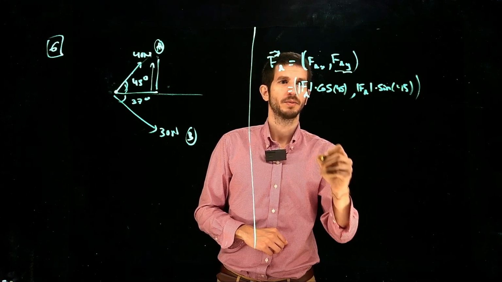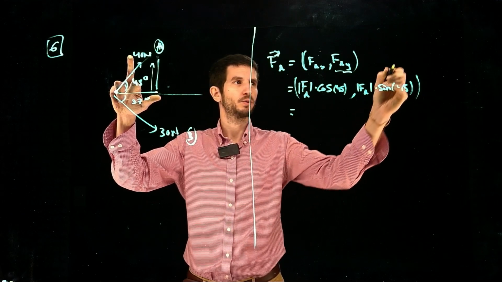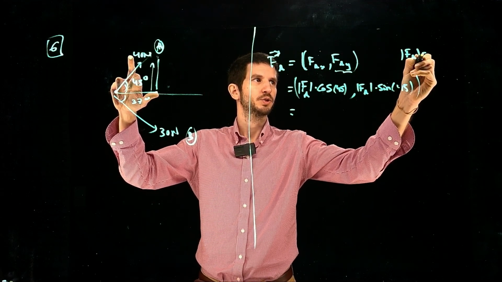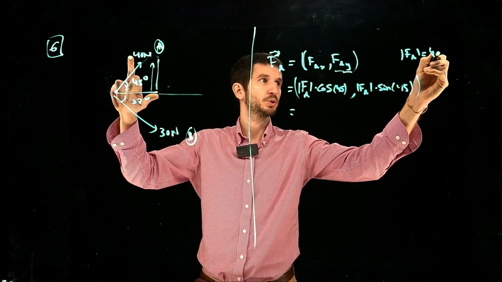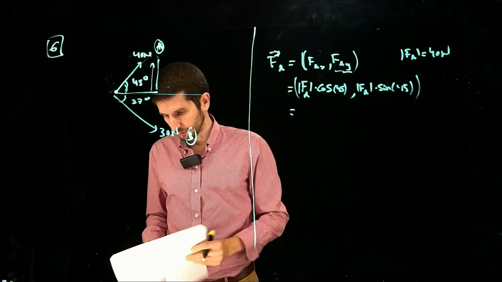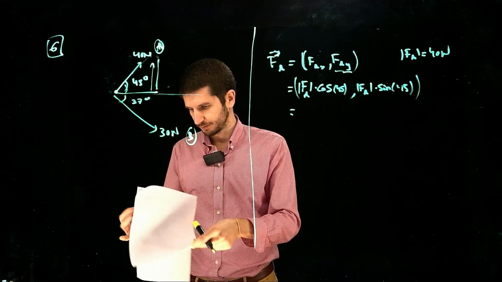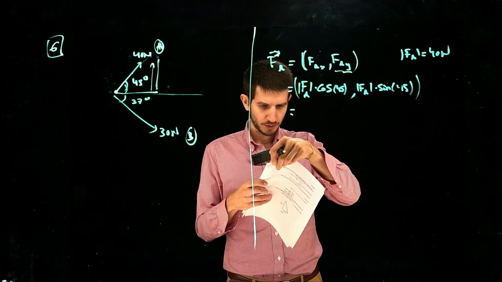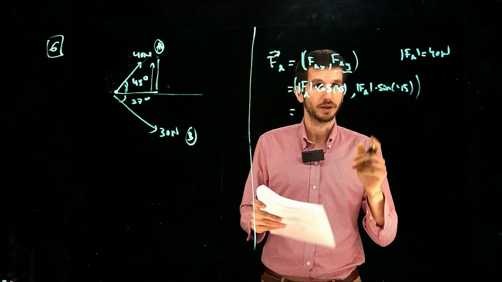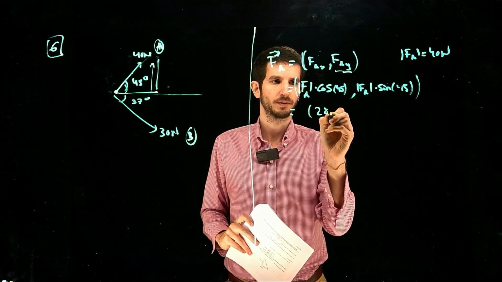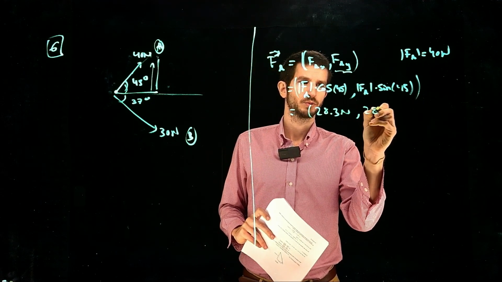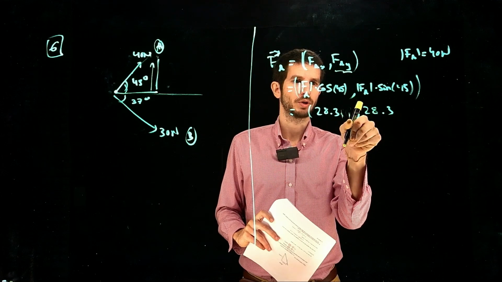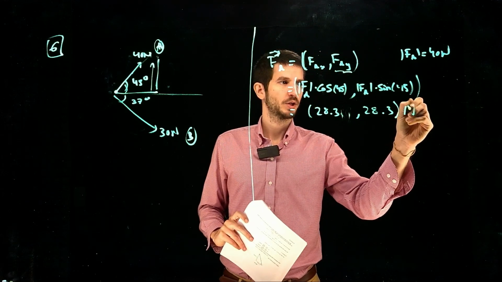Both are the same. And F sub A, of course, the modulus of F sub A, is going to be 40 newtons. So if we calculate those numbers, that's going to be 28.3 newtons, 28.3. You can just write the units outside of the vector. So that's the first force.